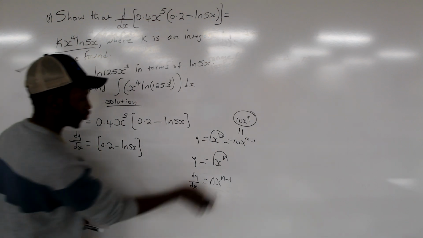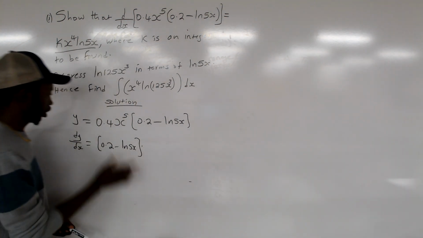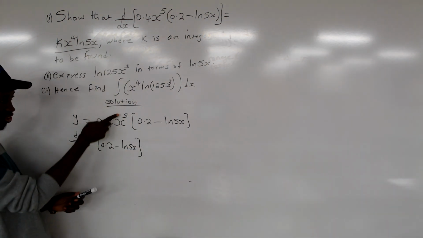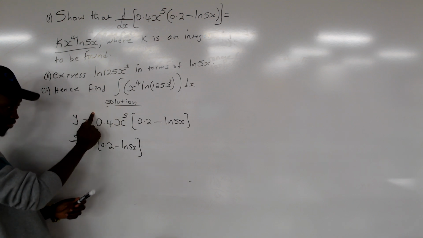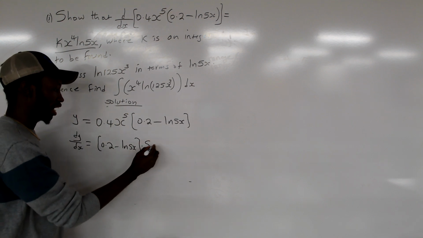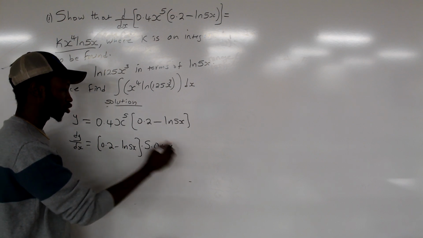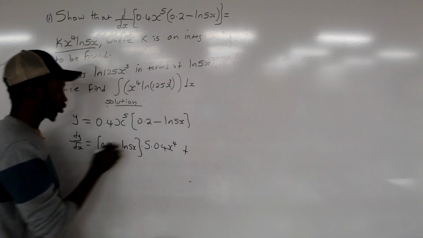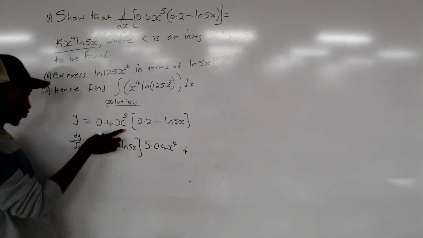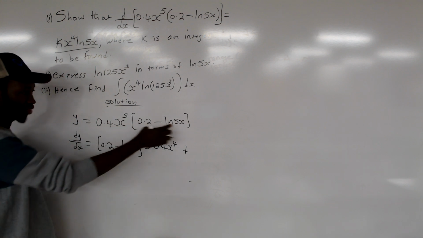So if we keep this constant, we differentiate this. 0.4 is just a coefficient of this x. So we multiply 5 times 0.4x, and you reduce 1 from this 5, which is 4. Plus, we kept this constant, now we keep 0.4x⁵ constant and differentiate the bracket.